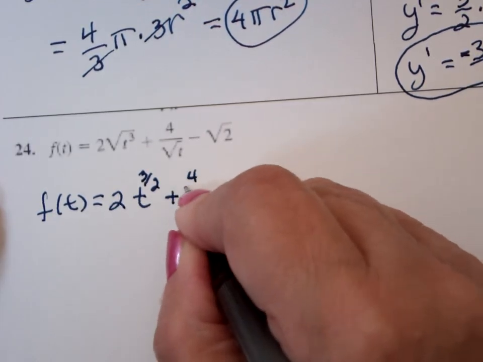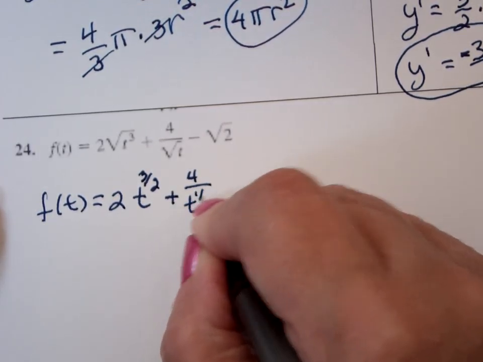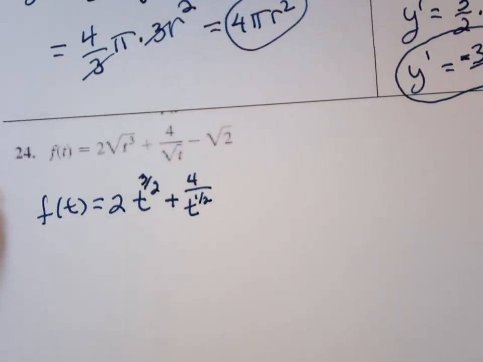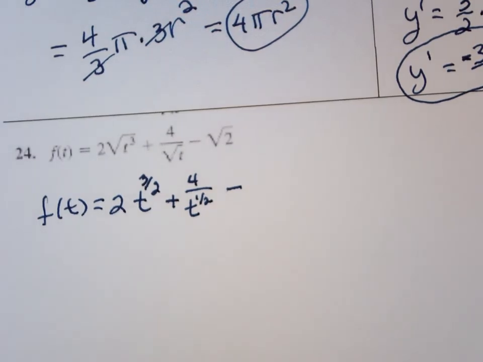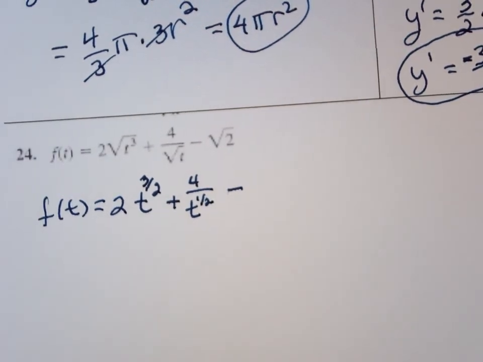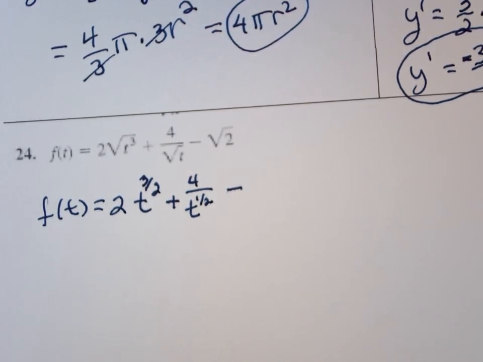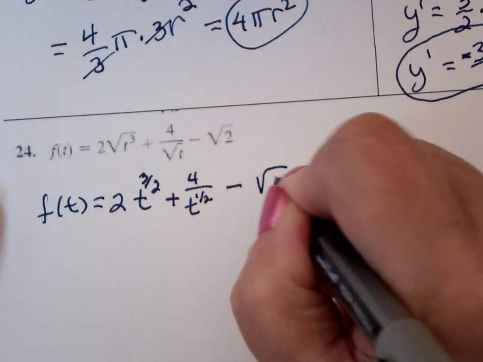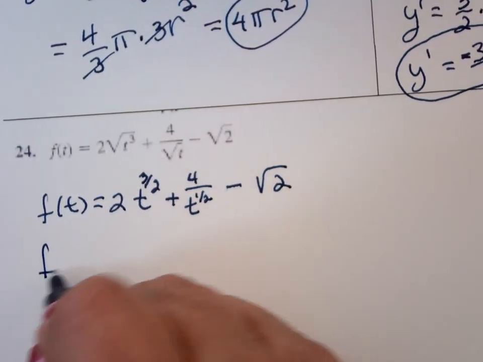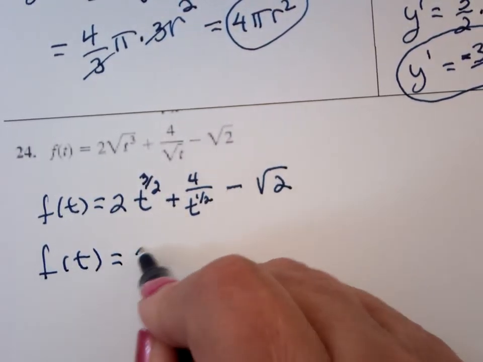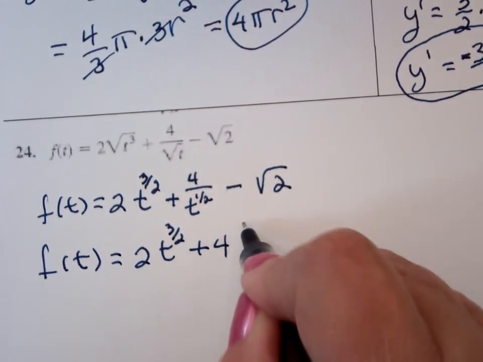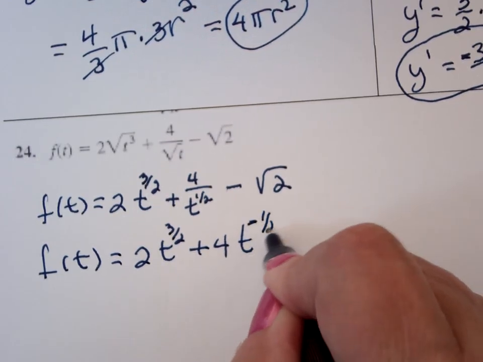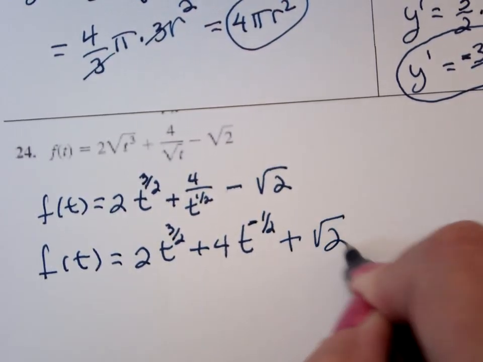Plus 4 over t to the 1/2, right? And what's the square root of 2? I can say 2 to the 1/2, but that doesn't make any sense. Square root of 2 is a constant, is it not? I just leave it alone. So that f of t equals 2t to the 3/2 plus 4t to the negative 1/2 plus the square root of 2.